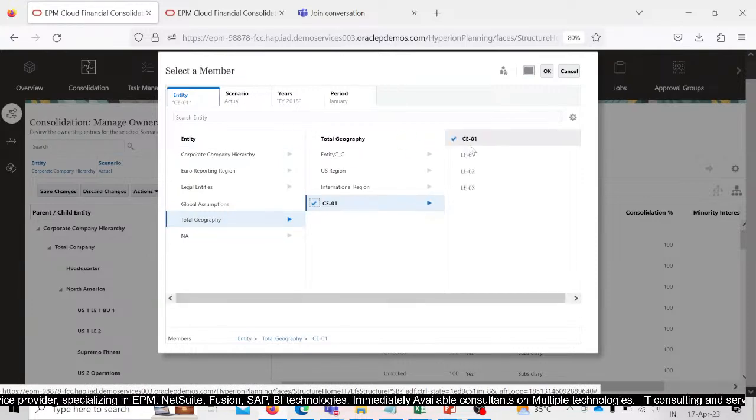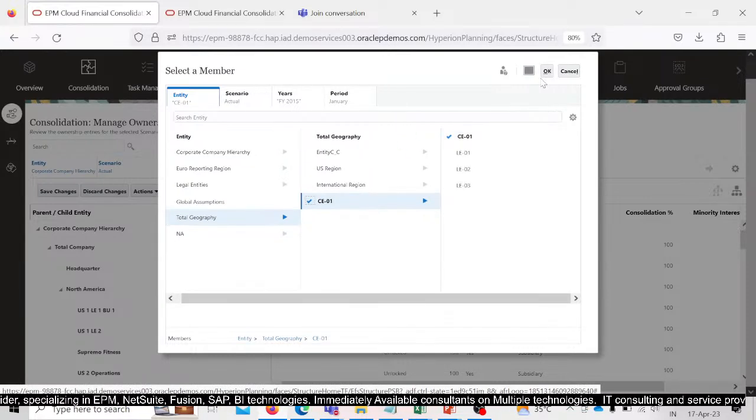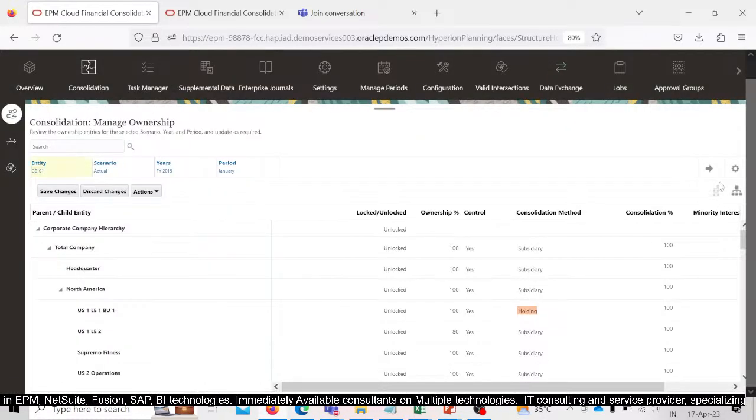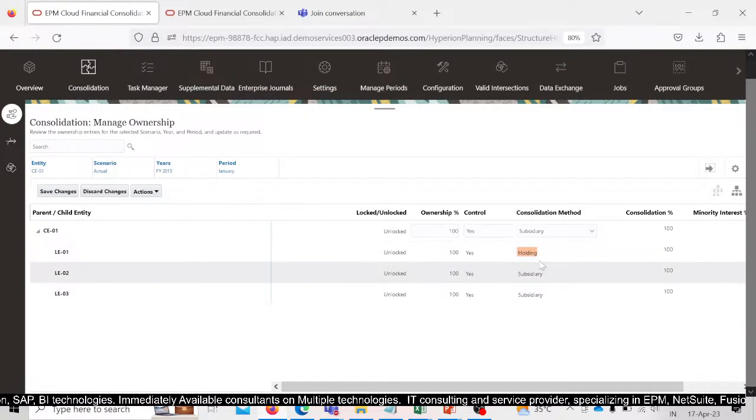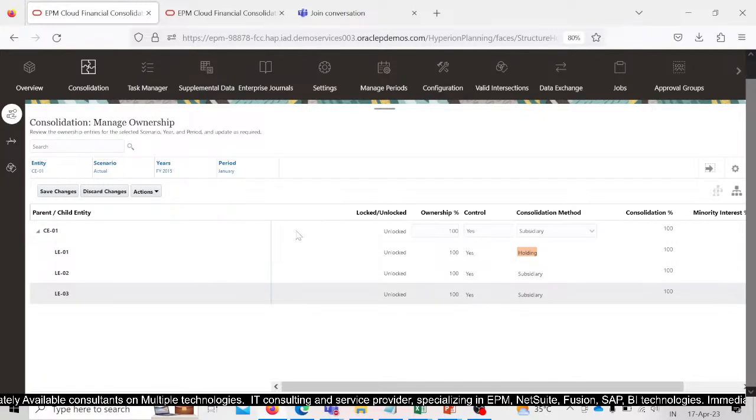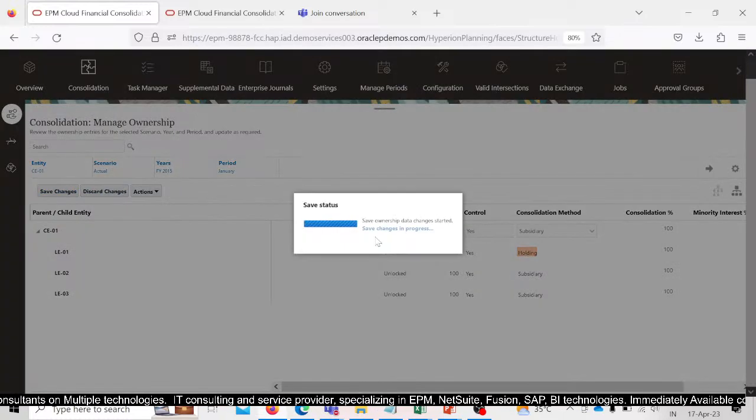So my parent entity is LE01. LE01 is the holding, LE2 and LE3 are subsidiaries, and the holding entity LE01 has 100% ownership. We will save the changes.